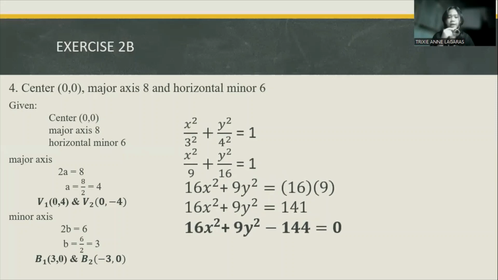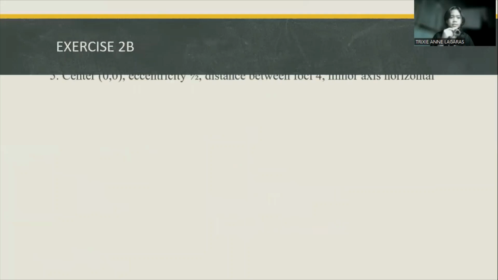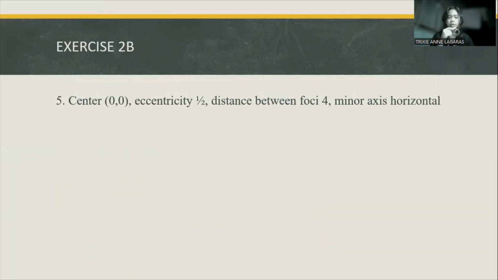So, for number 5, center 0, eccentricity 1/2, distance between foci 4, and minor axis horizontal.